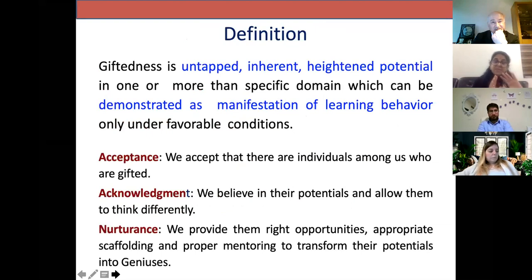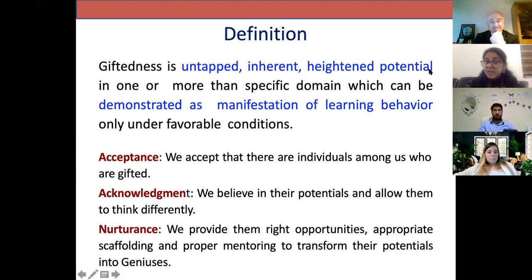So we started with a very comprehensive definition. Giftedness is untapped, inherent, heightened potential in one or more than one specific domain, which can be demonstrated as manifestation of learning behaviors only under favorable conditions. The one is, it is still untapped, it is natural, inherent, and heightened potential.